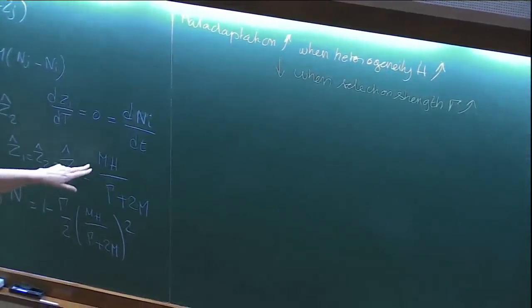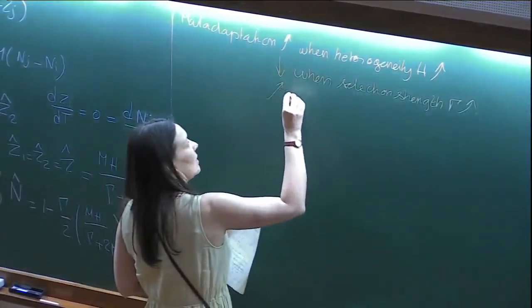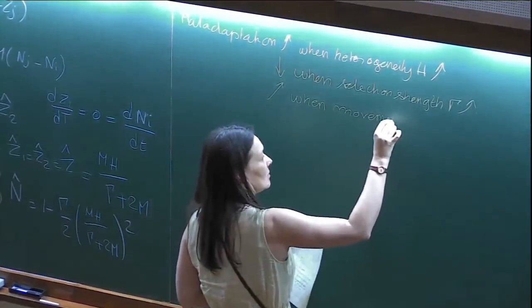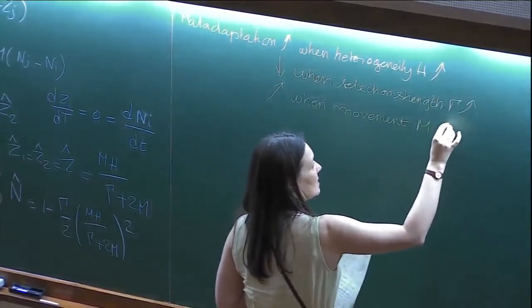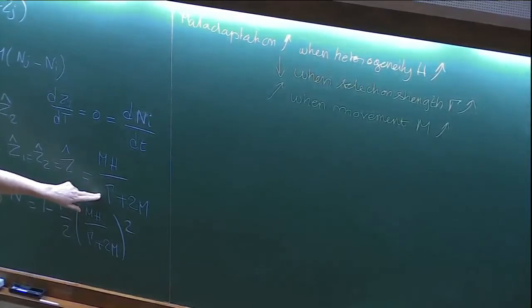What happens when you increase migration? Yeah. So maladaptation will always increase when the movement rate increases. And the maximal value of maladaptation, when the migration rate is really large compared to selection, is 1/2.